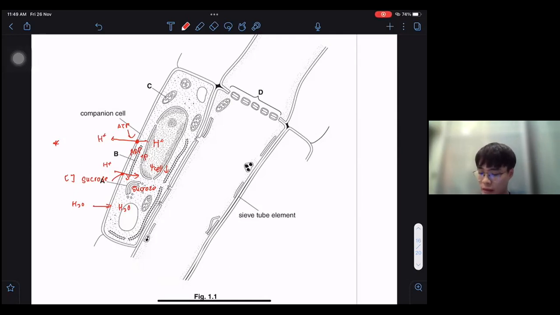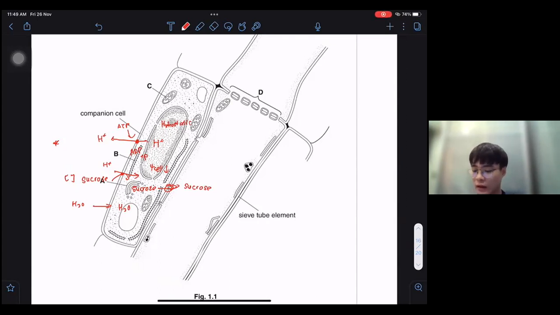Then the hydrostatic pressure inside these companion cells is built up and pushes this sucrose through the plasmodesmata into the sieve tube.